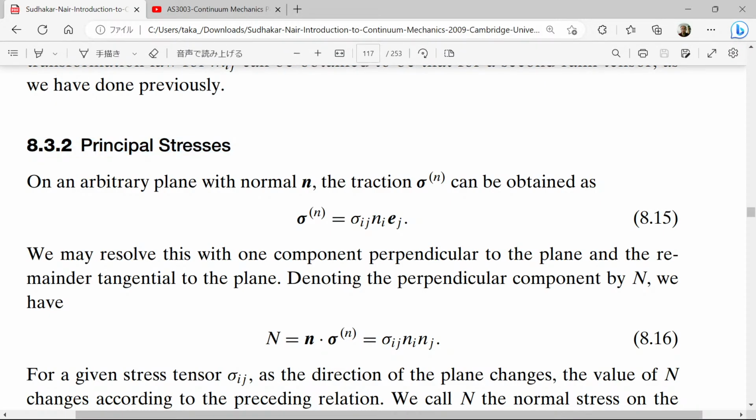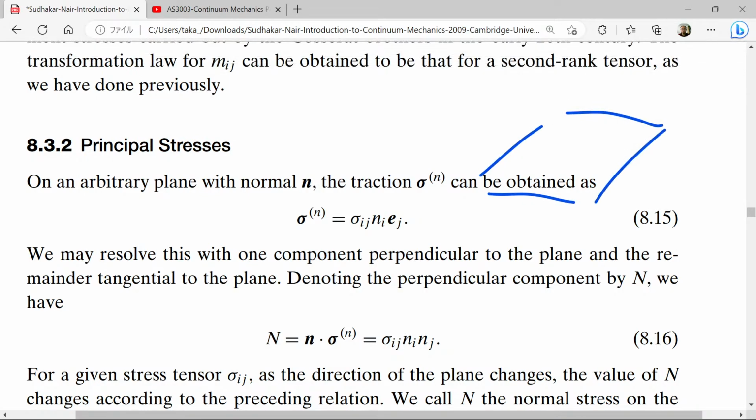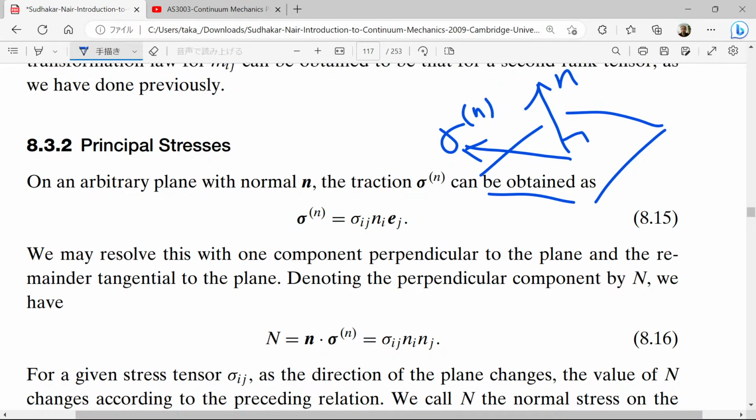See, there is some plane, right? Plane, then there is a normal direction. Then there is a sigma direction, which is different, right? I'm not so sure about this.